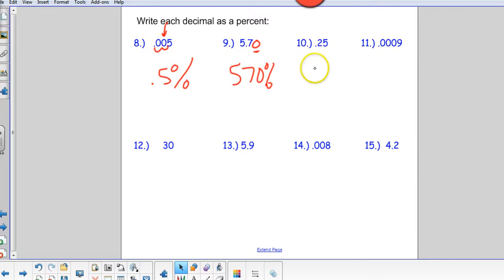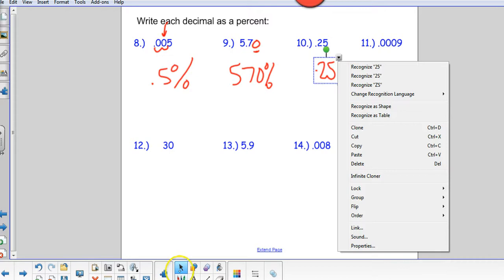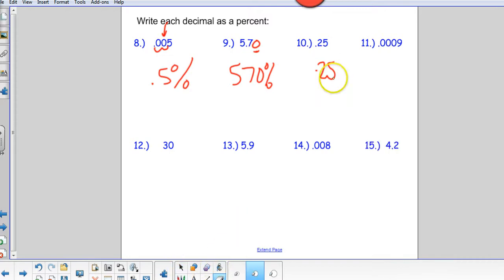0.25 is 25 hundredths, so this is 25%. Wow. And in the hundredths place is 0, so it's 0.09%. 30 in the hundredths, right?